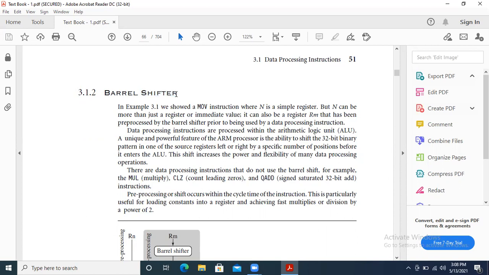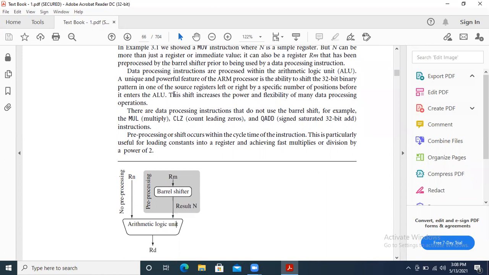So if you observe the picture below, this is an example of how the barrel shifter works. Suppose we close this part, don't think we don't have it. We have only the RN and the RD, with no pre-processing.